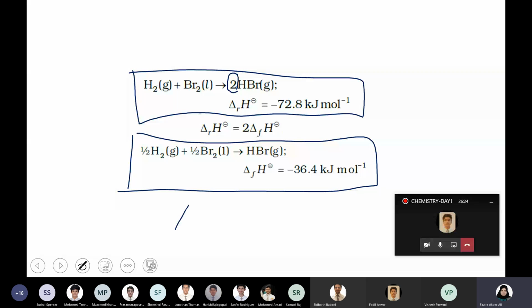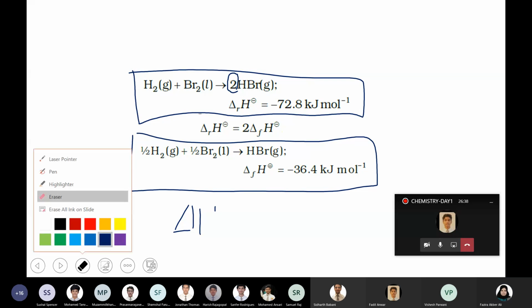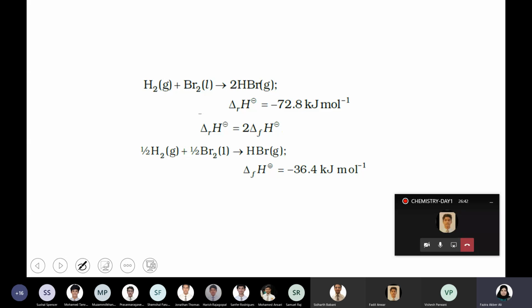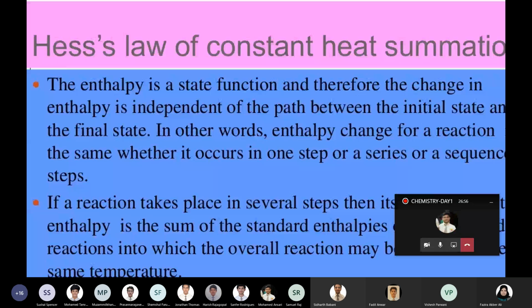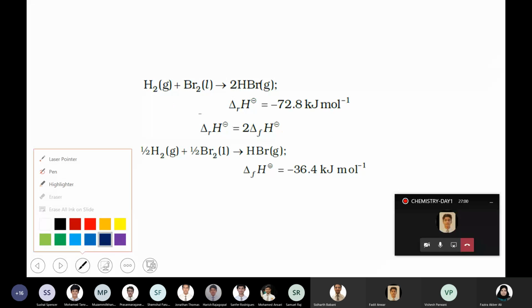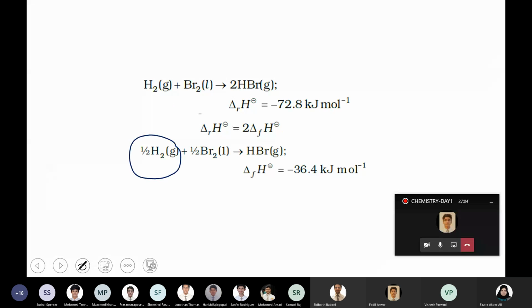So you will find a relation over here. The enthalpy of formation, or you can see in this case the enthalpy of reaction, is 2 times the enthalpy of formation because you're preparing 2 HBr.